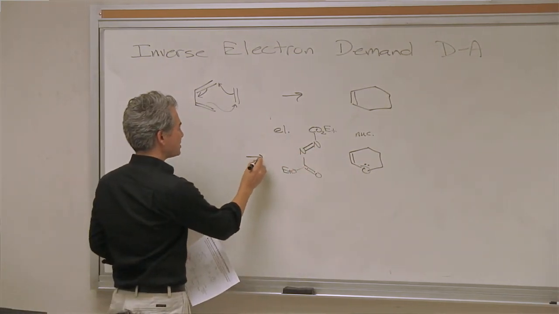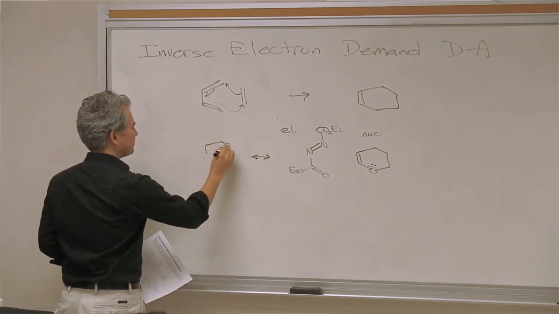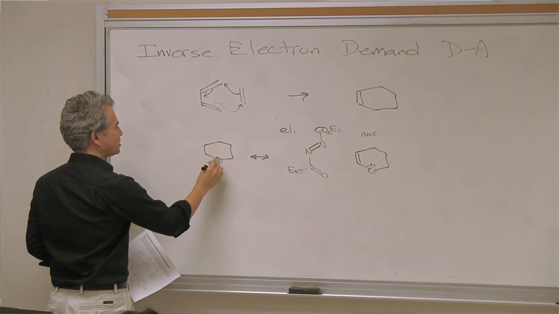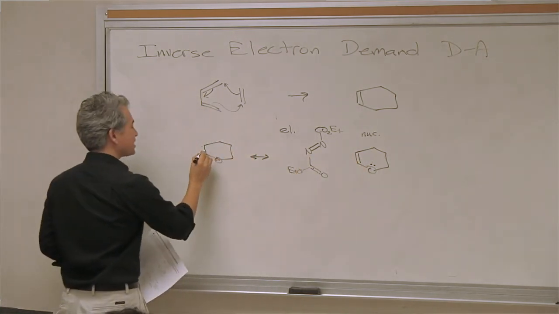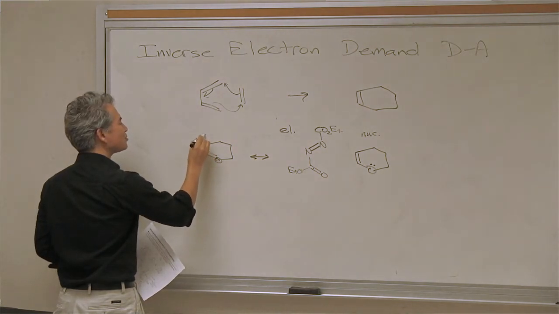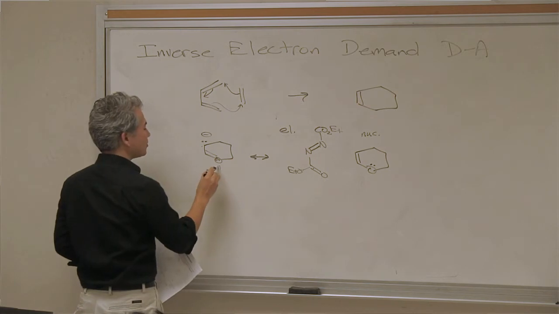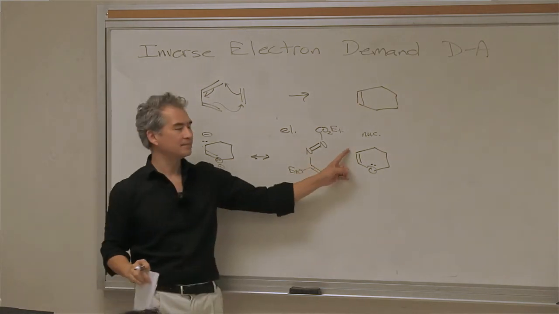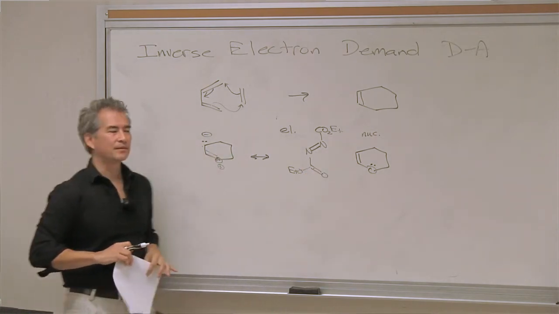Let me just draw out the resonance structures here for these two components so we can see why the regiochemistry. If I take this lone pair and I donate it over here, I expect, just based on resonance structures, that this dihydropyran, this enol ether, is going to be nucleophilic on this top carbon. That's the nucleophilic part of this enol ether.